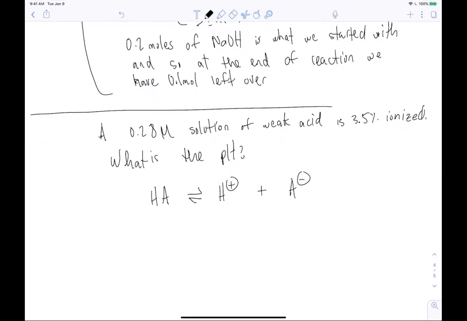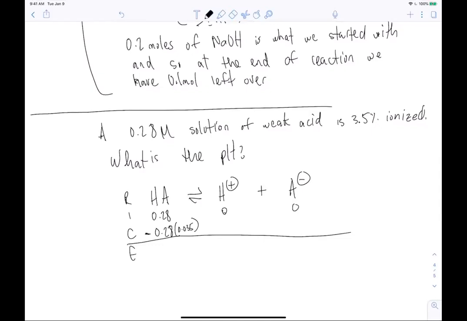Initially, I don't know if you really want to write out a RICE table for this, but initially you have 0.28 of this, none of this. We could learn about the change. You know it's 3.5% ionized, so you're going to subtract out 0.28 times 3.5 over 100, so 0.035.